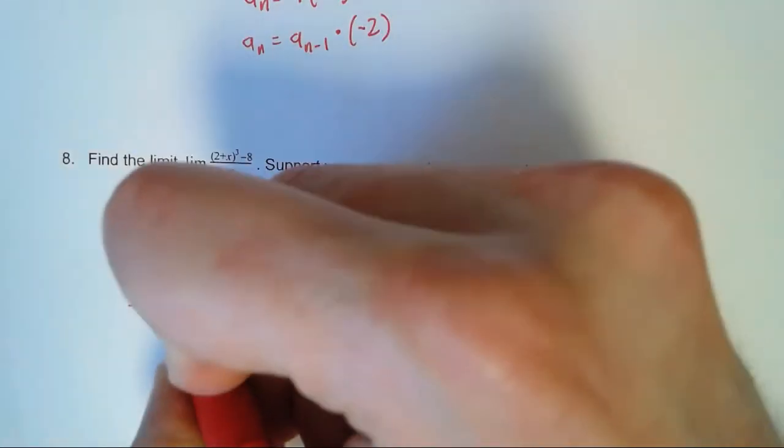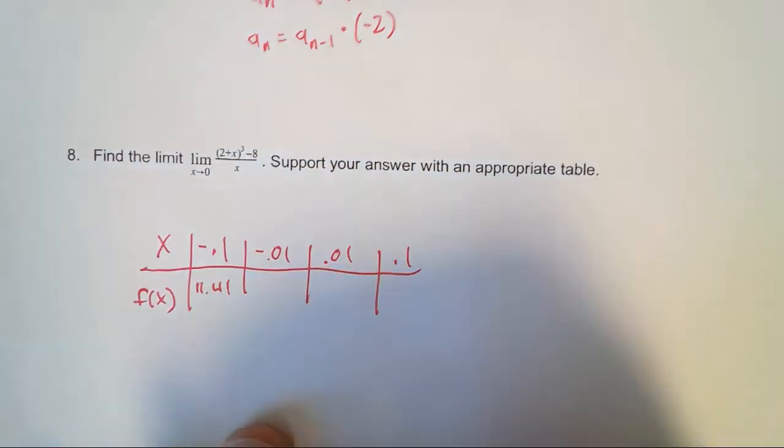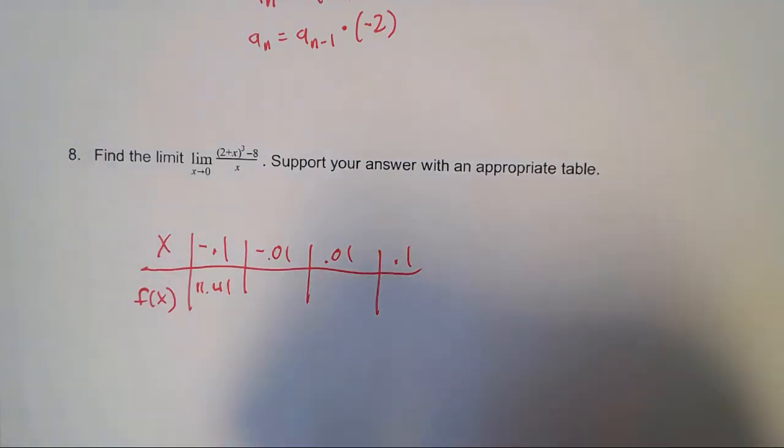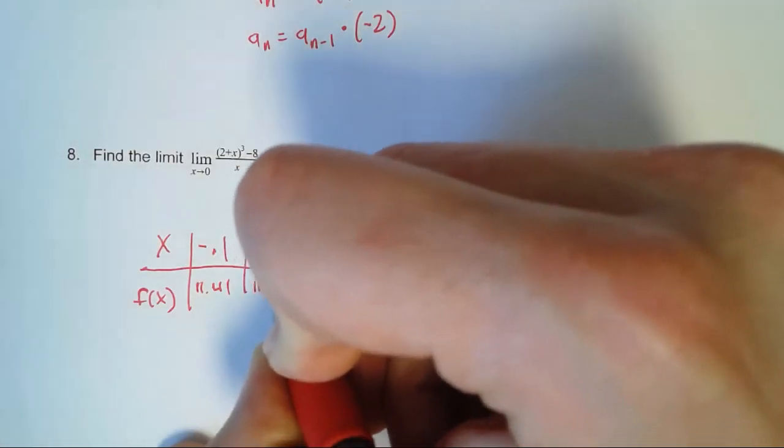And I get 11.41. Now, you don't have to use that number, but I'm just choosing that number because that's fairly close to 0. So now, I will also plug in negative 0.01 into this, and we get 11.94.